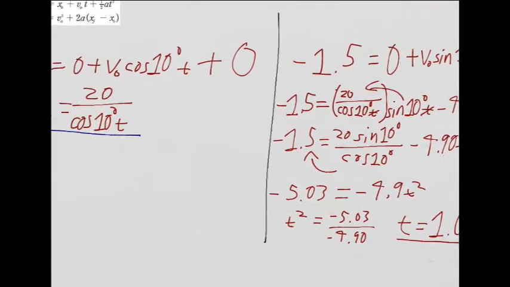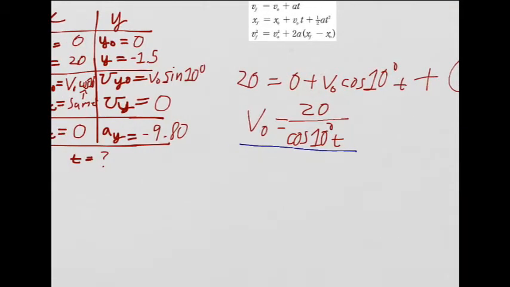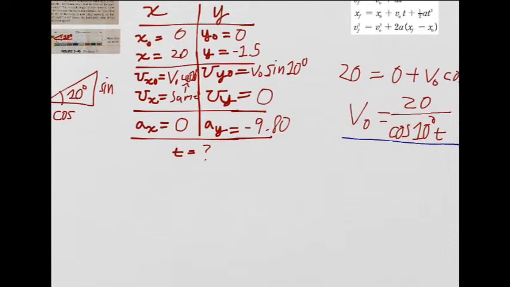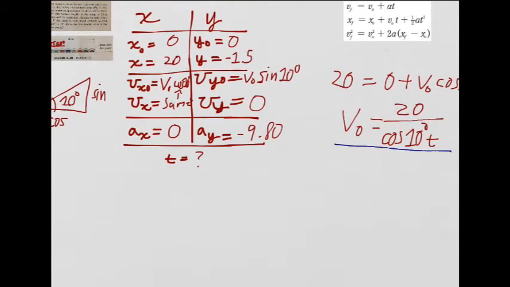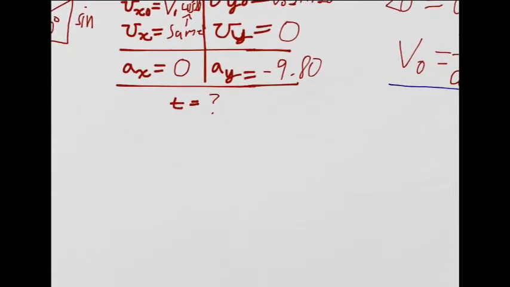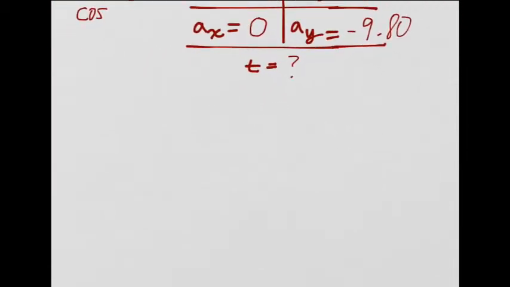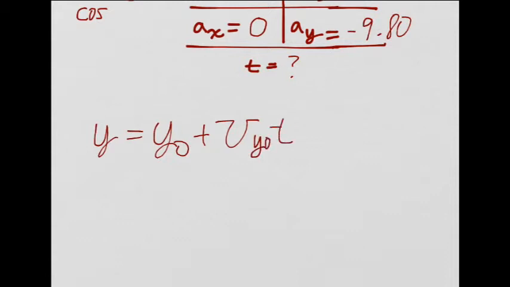Now that we know that, let's figure out what the initial velocity is. So I'm going to take the second one, but for y this time. To check if we all remember, y equals y initial plus the initial velocity in the y direction times t plus 1/2 acceleration in the y direction times t squared.